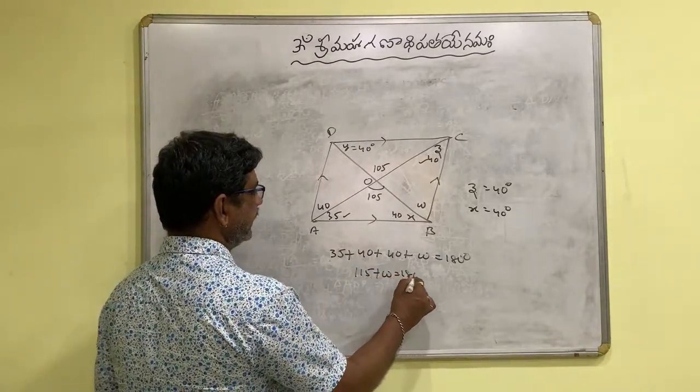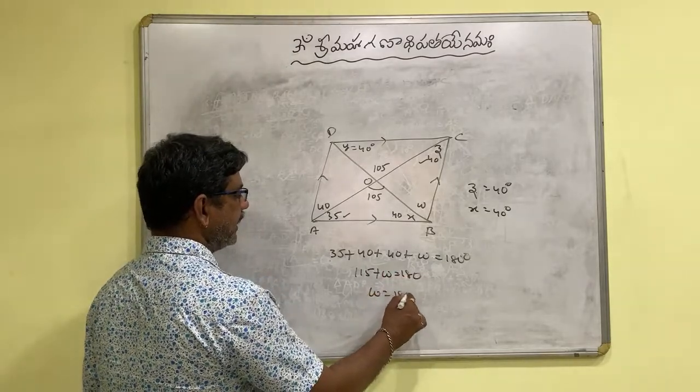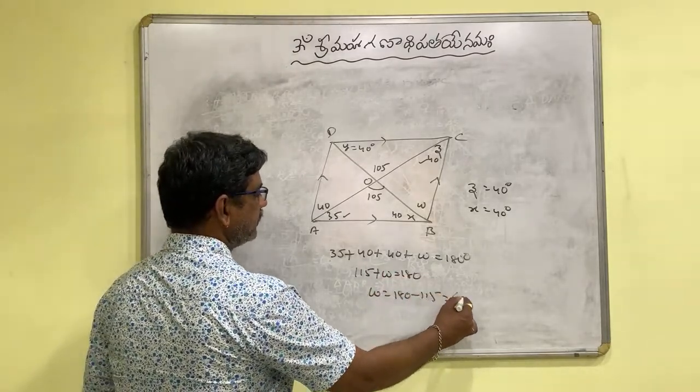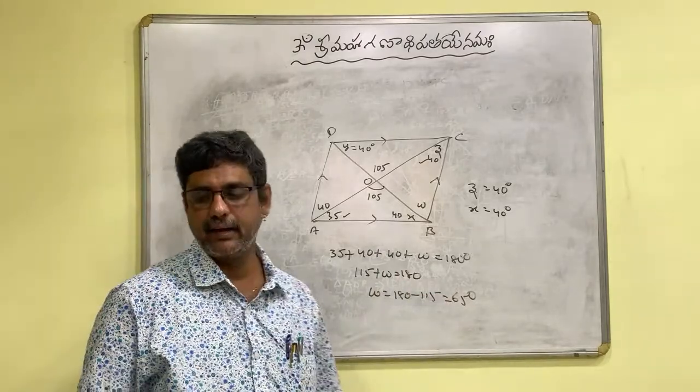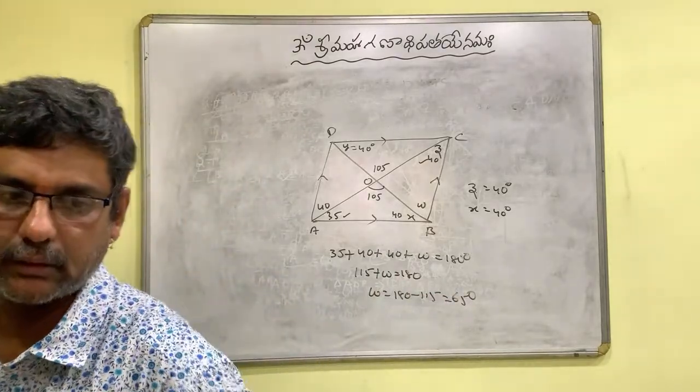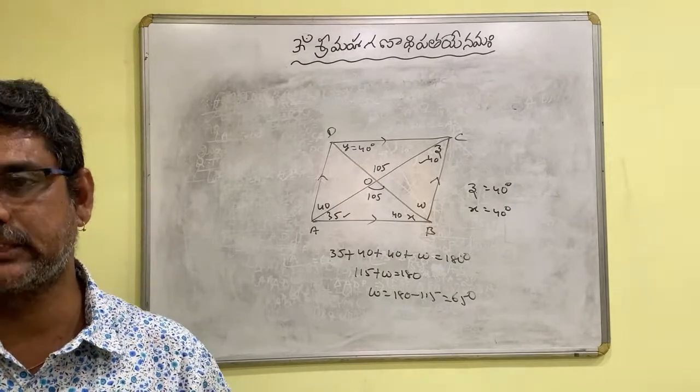Plus W is 180. So W is equal to 180 minus 115, which is 65 degrees.